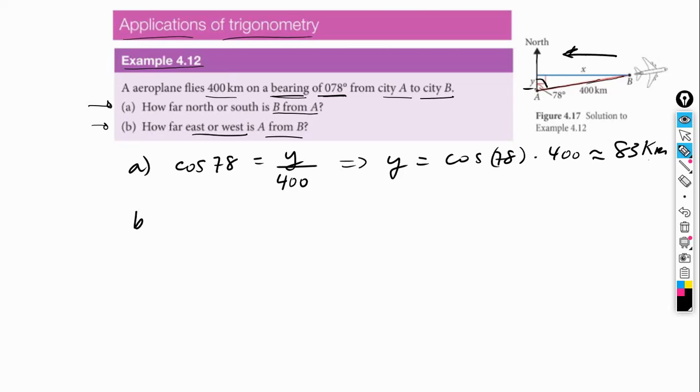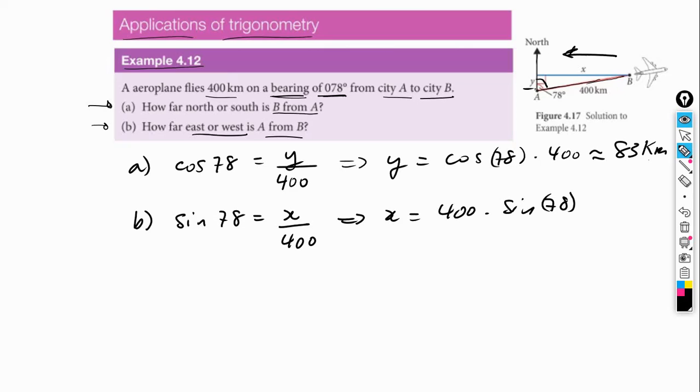For b, we want to solve for x. So x would be the opposite. That means sine of 78 is equal to x over 400. Therefore, x is equal to 400 times sine of 78. Notice that this is the same thing. It doesn't matter in which order you multiply, right? So this is going to equal 391 kilometers.